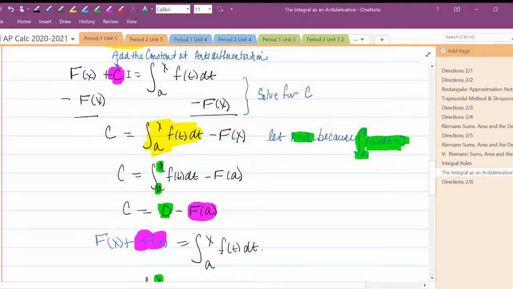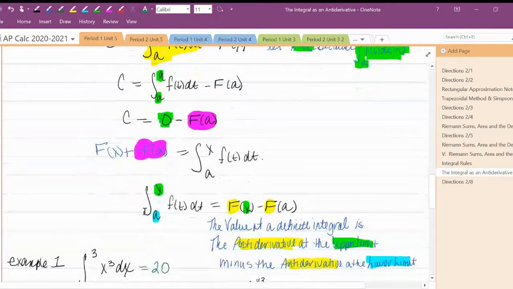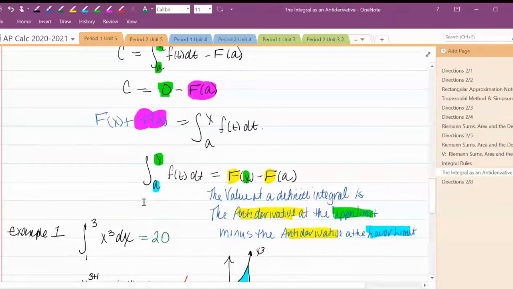So I'm going to substitute that in from the very beginning, and I have what our definite integral is defined to be, and that is any definite integral is the antiderivative evaluated at the upper limit minus the antiderivative evaluated at the lower limit.